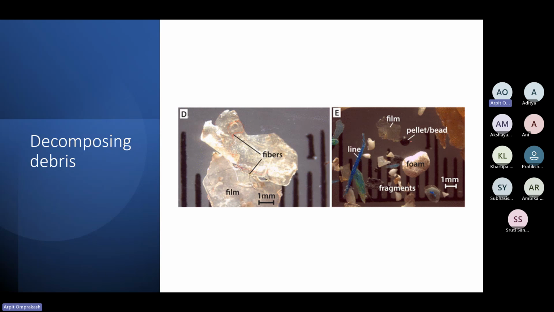Then you have many different small particles that might be formed. For example, this line might be formed from a plastic or nylon rope by cutting down from it. Then there are smaller fragments, small films, pellets, and foams that might be formed by breakage or decomposition of different kinds of plastic.